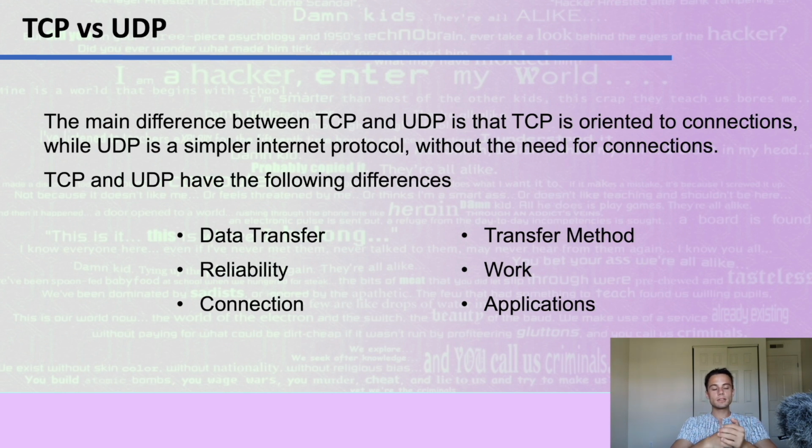Also, regarding the connection, the TCP protocol actually has a real connection from one device to another, and they need to be connected in order to be able to send information in both ways. Then the transfer method is also different because the TCP reads data as a sequence, and the messages are transmitted within different segments. On the other side, the UDP messages are data packets which are sent individually, and the integrity of those packets is verified only when they arrive.